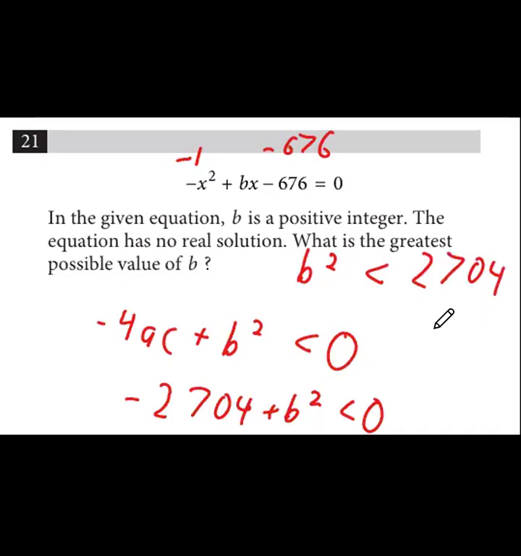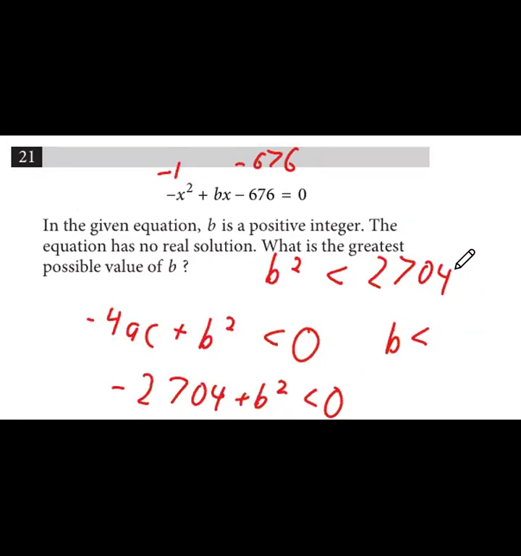We then have to just take the square root of both sides. So in this case, we have b is less than the square root of 2,704, which you can just put into your calculator, should be 52.